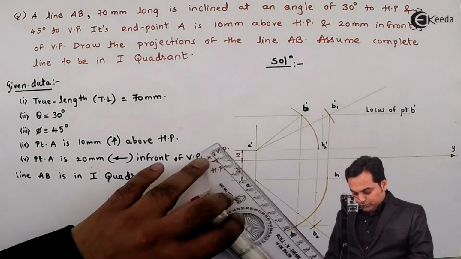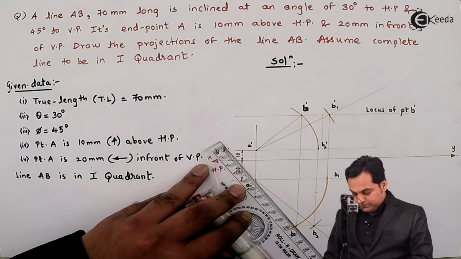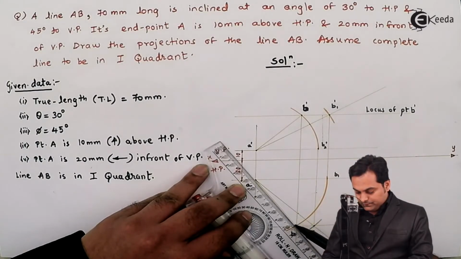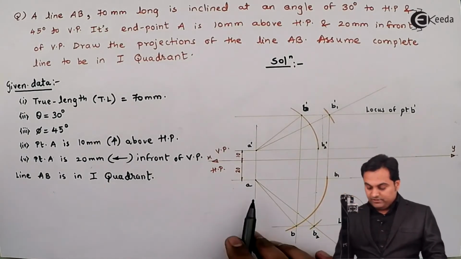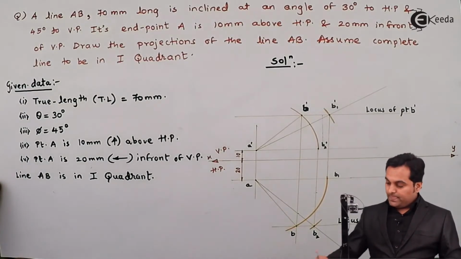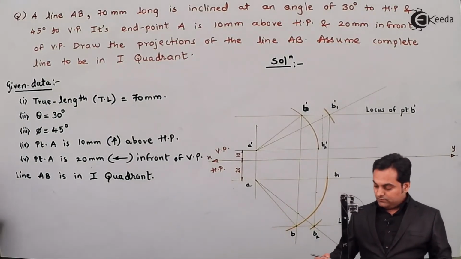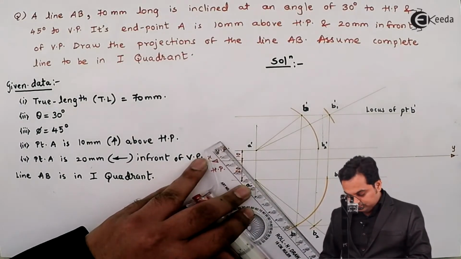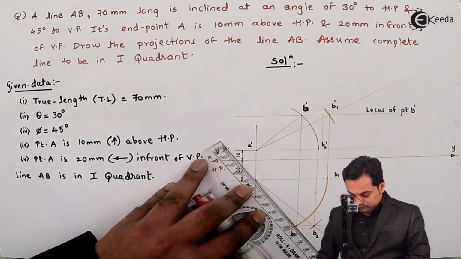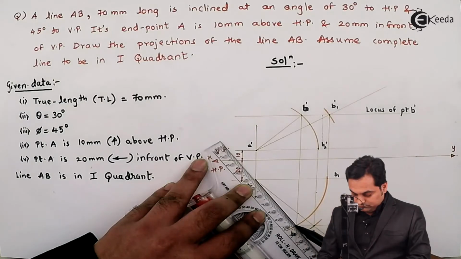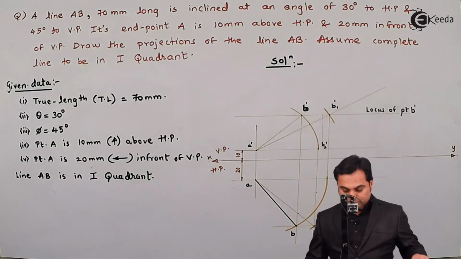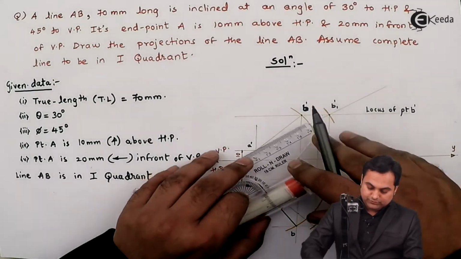Then joining it, because here I'm getting this as point B. So joining A to B will give me the actual line, not the true length. So I have to make it dark. I'll make it dark from A to B, then from A dash to B dash.